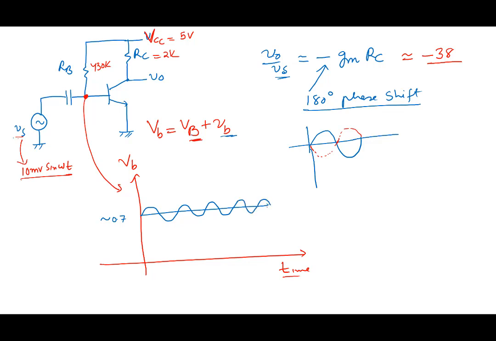I'm probably exaggerating. And the magnitude of this is, we said, nothing but 10 millivolt. That's how the net voltage at this particular point looks. It has a DC, and then you add on top of it the incremental. Vs is nothing but incremental, it causes changes.